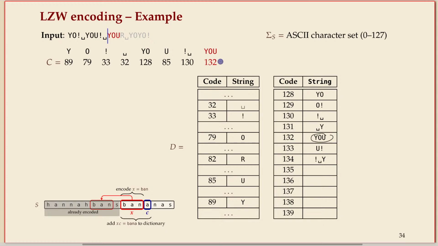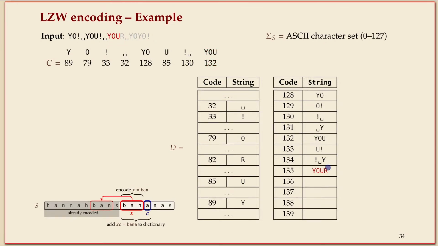The number, the code word for this string, is what we put in the output in the coded text. But then after we're encoding this part U, we save something new in the dictionary, namely the previous phrase, the thing that we could find earlier, plus one more letter. And that way we keep growing this dictionary with new and longer strings as we keep going.